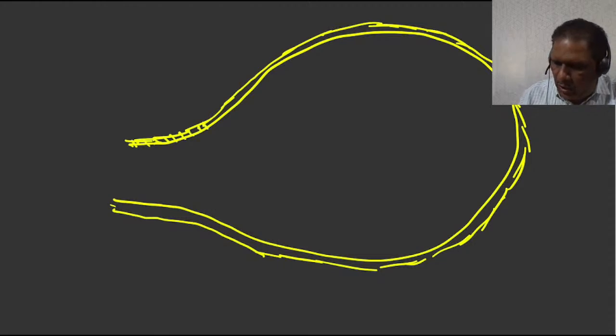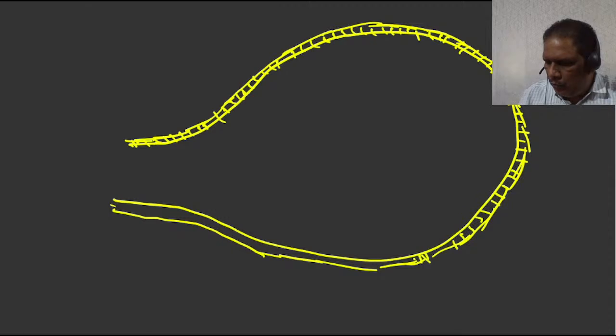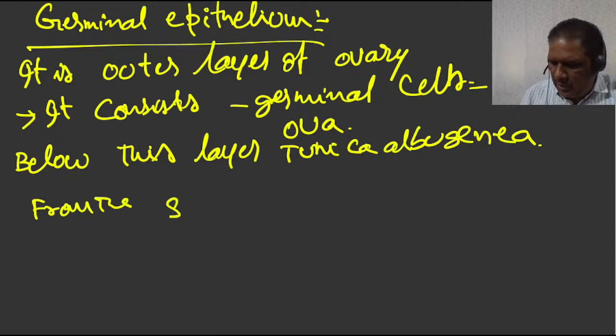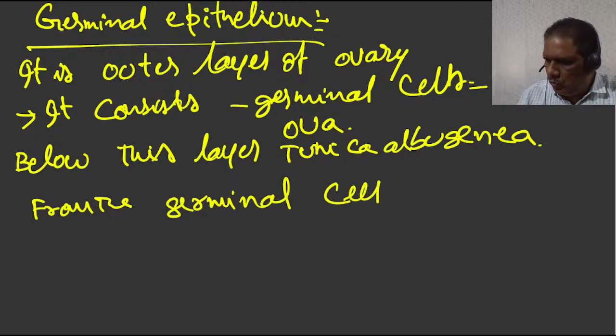The cells are called germinal cells. From these germinal cells, ova are produced.